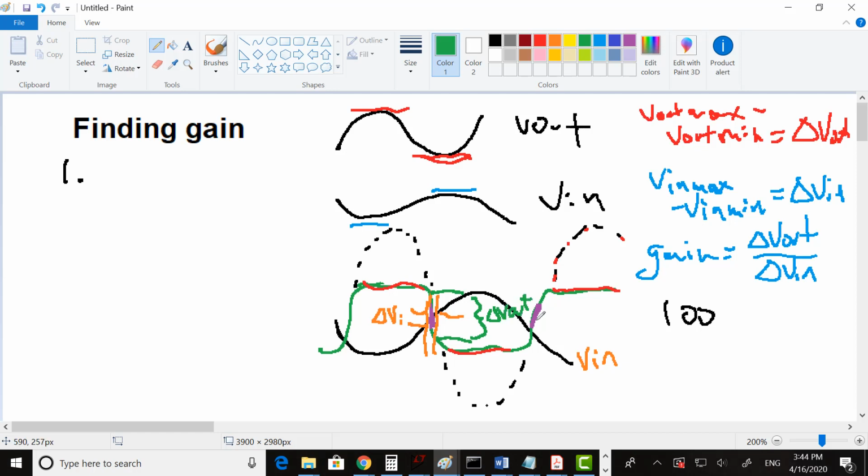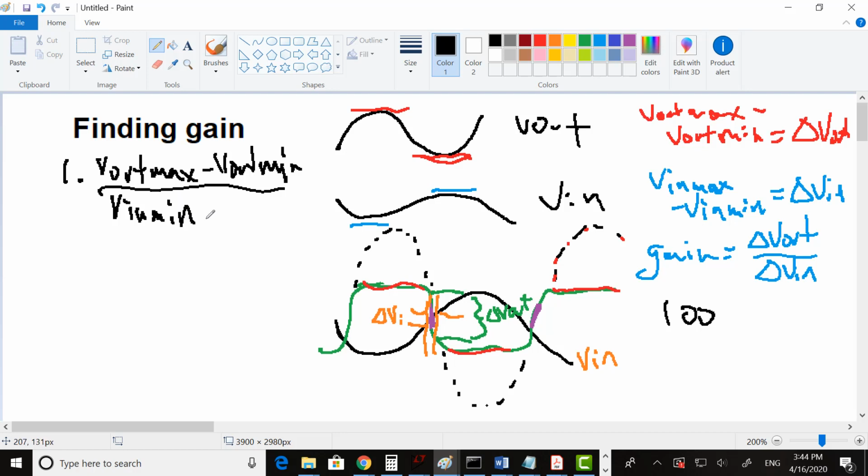So instead of going rail to rail, so the first one is just go rail to rail, your V out max minus your V out min over, actually, your V in min, since when V in is low, V out is high.